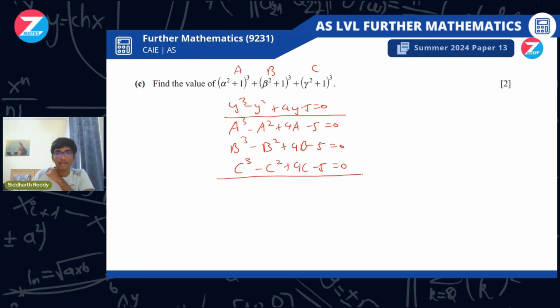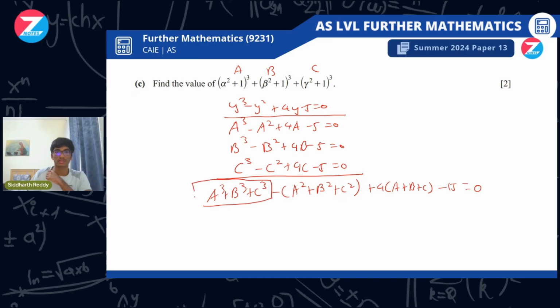So now when we add these three equations, we get a cube plus b cube plus c cube minus (alpha square plus b square plus c square) plus 4 times (a plus b plus c), and minus 5 minus 5 minus 5 becomes minus 15. Okay. So now we're trying to solve for this. We already know the value of this from the previous one. It's just minus 7.